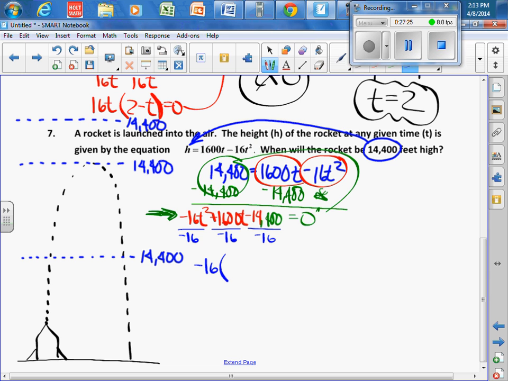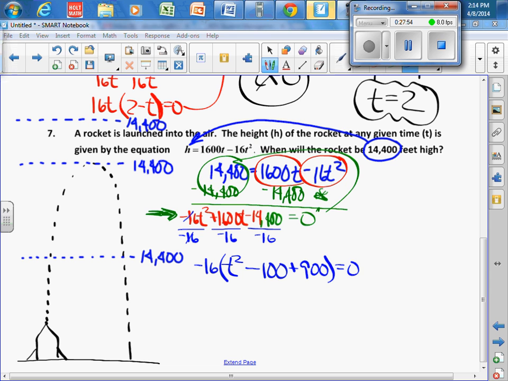All right, t squared because the negative 16's cancel. 1,600 divided by negative 16 will be negative 100. And then negative 14,400 divided by negative 16, and we're going to get positive 900 equals 0.